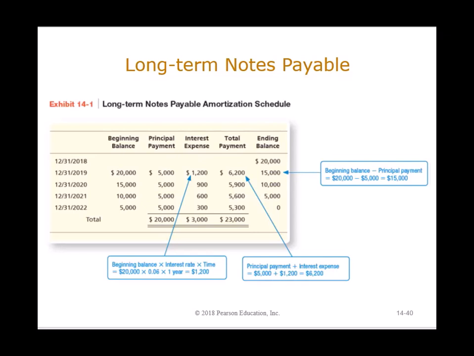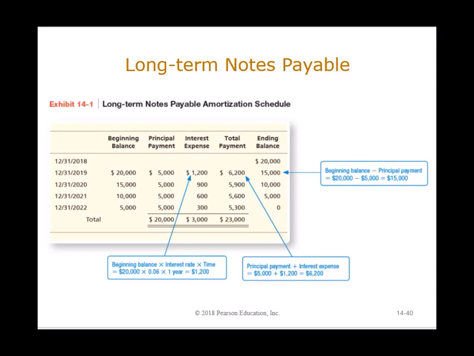Okay. Now here we see a note payable amortization schedule, and you can see how they compute the interest expense each period. They then determine the amount that goes toward the principal. That's just going to be the difference between the total payment and the interest expense.